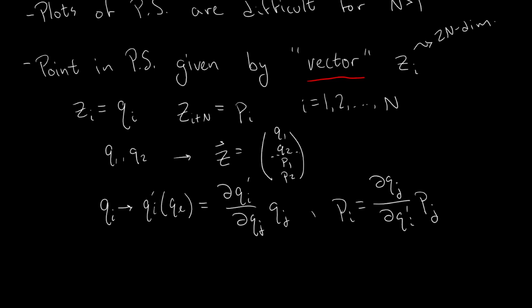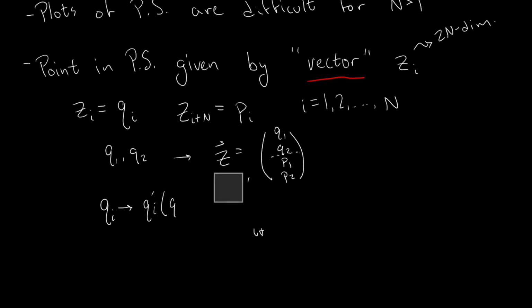Okay, so with that said, let me erase this. It's partially a way of shortening a lot of our notation, because now instead of talking about all of the q sub I dots and the p sub I dots, we can just talk about the evolution of z.